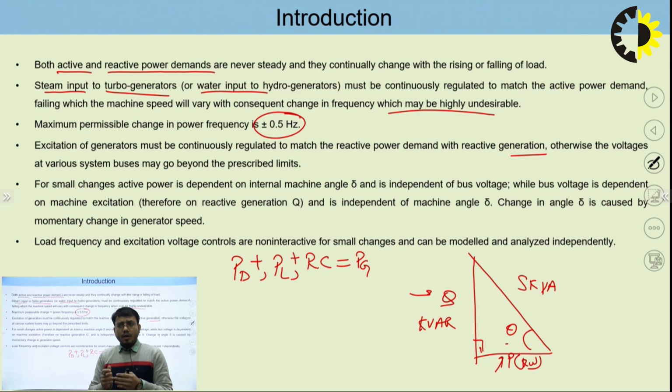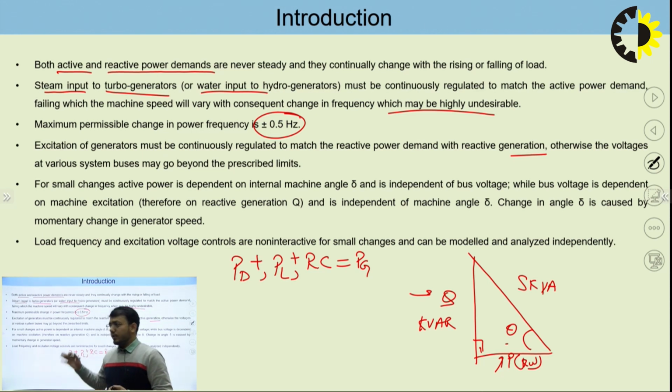So how can you control these parameters? Real power is controlled by the frequency control method, and reactive power is controlled by the voltage control method. In upcoming lectures I will talk about the voltage control method, which deals with controlling the reactive power.